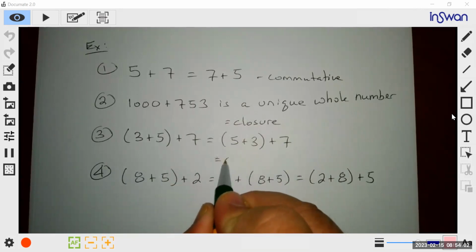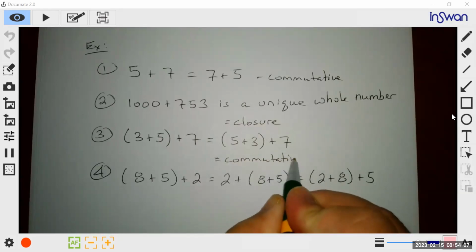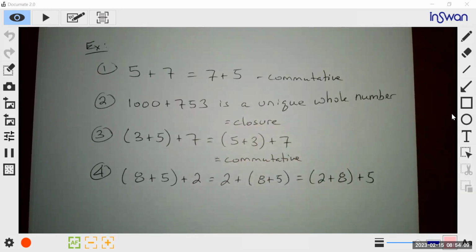So this is also commutative. And the last one. Okay, from this one to this one, I just moved them around. I put the parenthesis afterwards. So this is commutative.